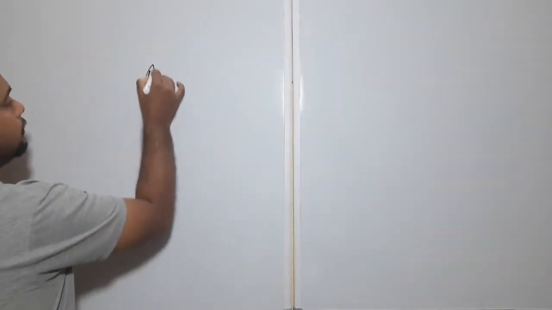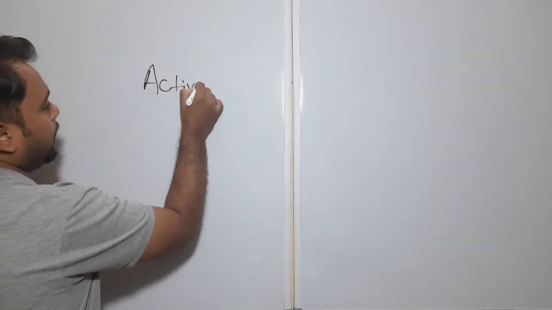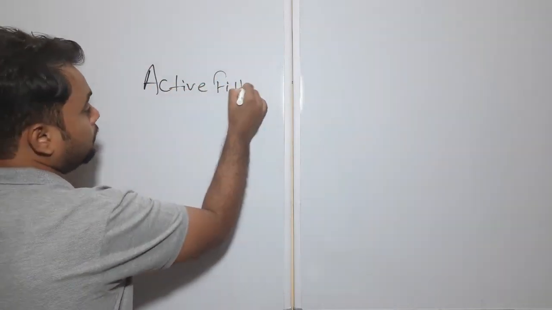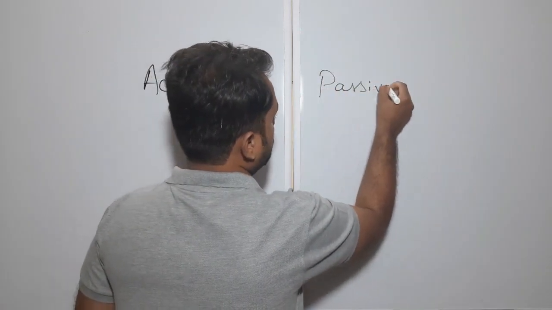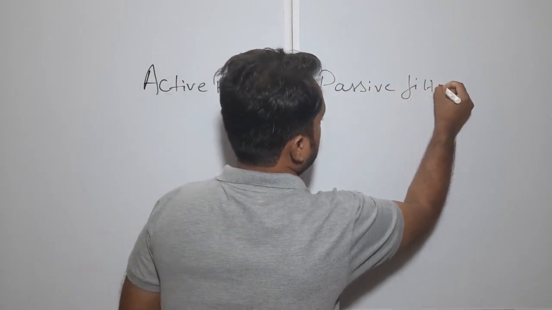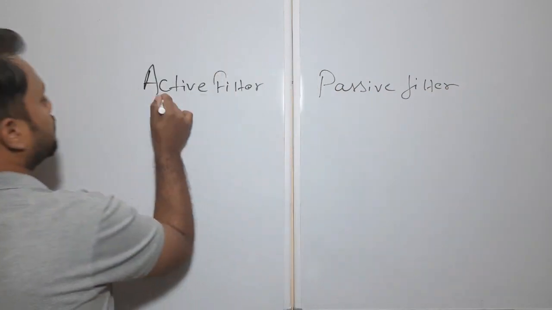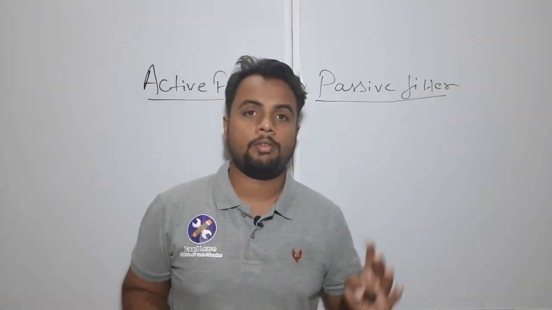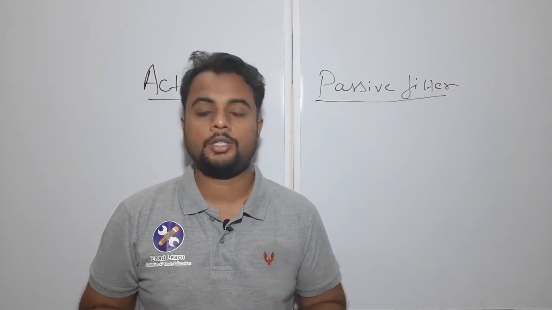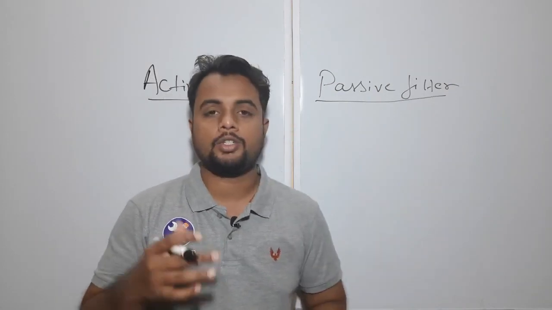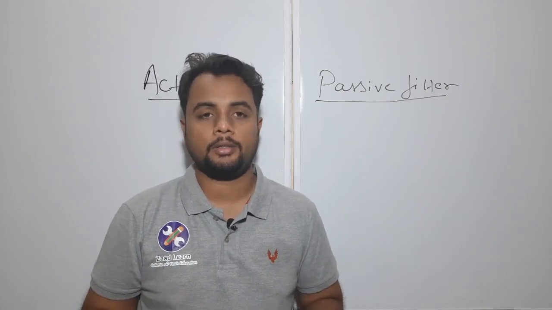Generally, there are two types of electronic filter. One is the active filter. Another one is the passive filter. Now we already know the difference between active and passive. Active is a circuit which consists of op-amps and transistors, and passive is a circuit which consists of resistance, inductance and capacitance.